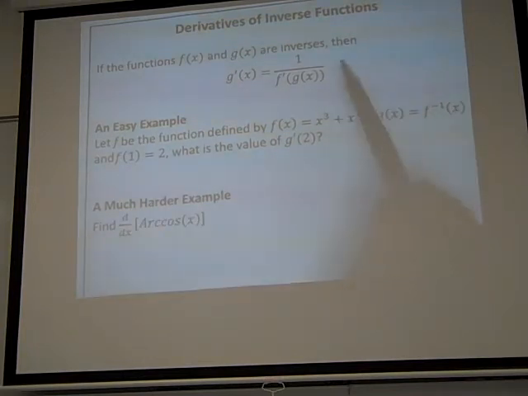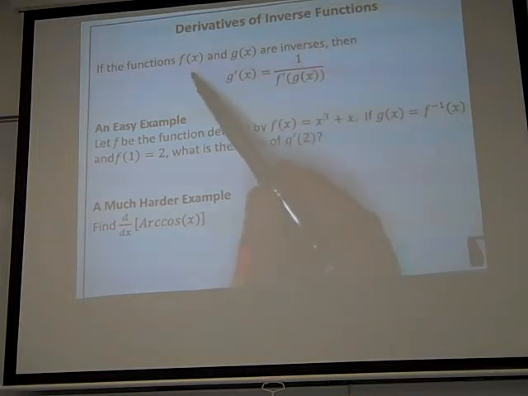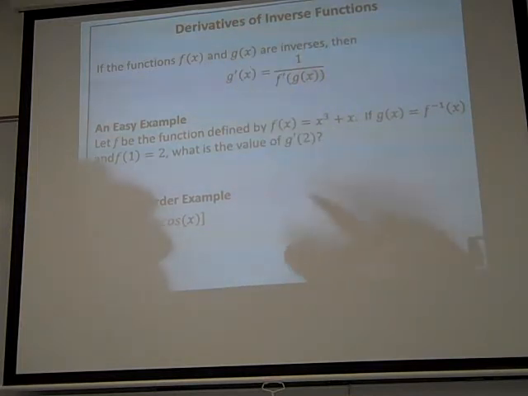For right now, when you see that we're taking derivatives of inverses, you know this formula, you have it memorized, that's probably going to be okay. So if f and g are inverses, then the derivative of g is equal to 1 over f prime of g of x. And we derived this in class.